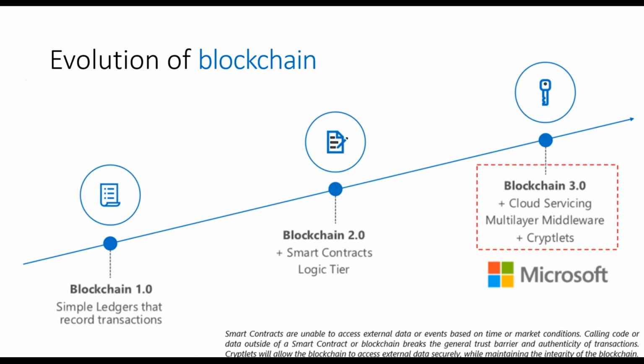And this is what has been labeled as the evolution of blockchain as 3.0, where Microsoft has pioneered some frameworks and some technology that we are going to explore also today that allow off-chain data in a secure way. So the possibility to connect blockchain to SharePoint, for example, or the other way around, SharePoint to a blockchain backend.